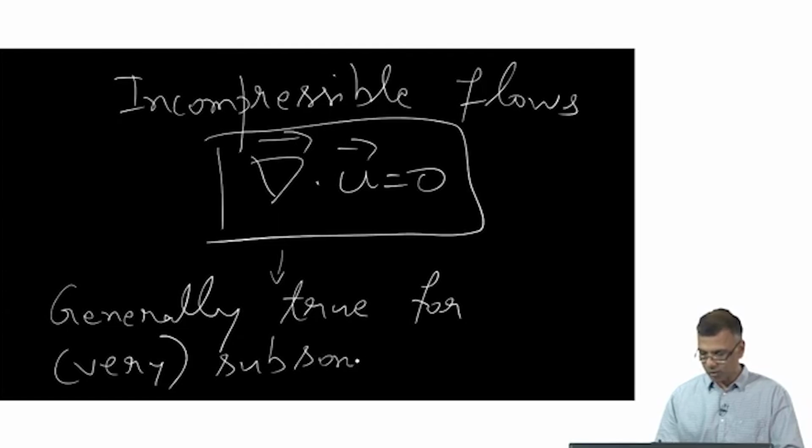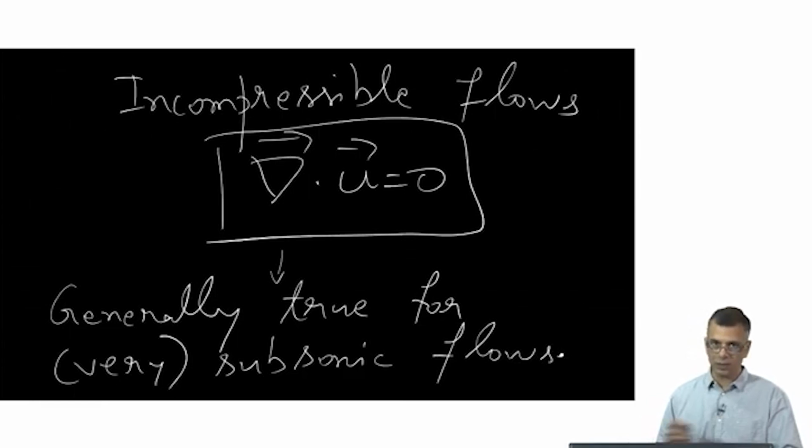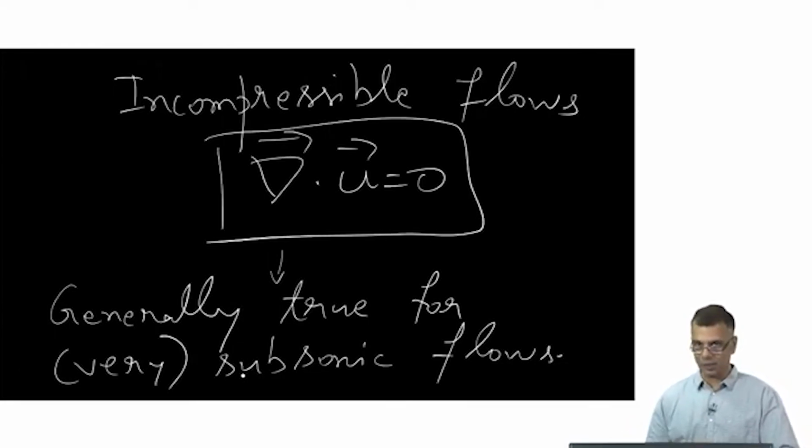Let's simply keep this in mind for now, because we have not introduced the speed of sound, we have not said what a subsonic flow is, but we will revisit it when the time comes. And we also remarked that there's something called the Boussinesq approximation, which often boils down to the same as the incompressible approximation, but not always.